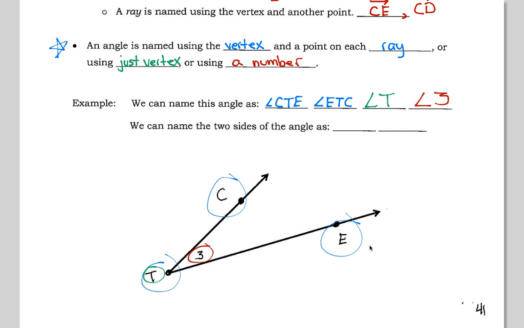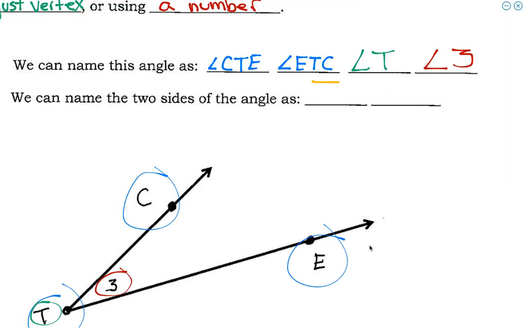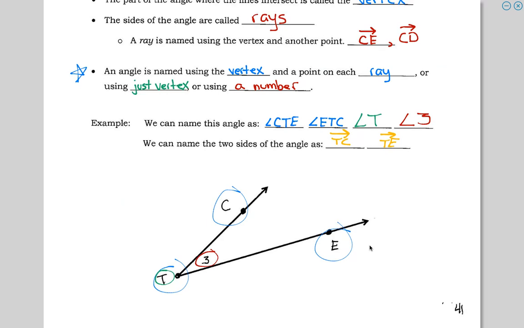And then it says we can name the two sides as our ray. Ray TC and ray TE. All right, if you need to pause right there and kind of take a look at that, naming angles will be important in this unit and next unit.